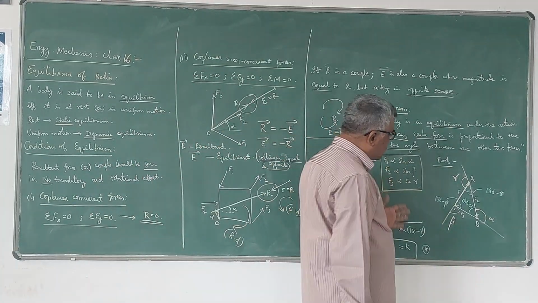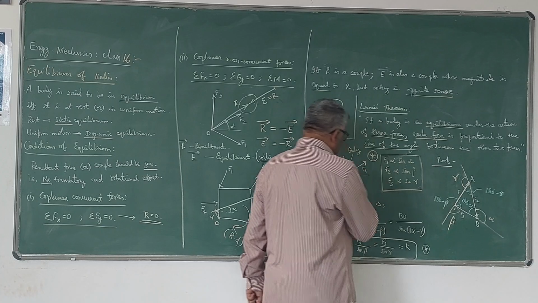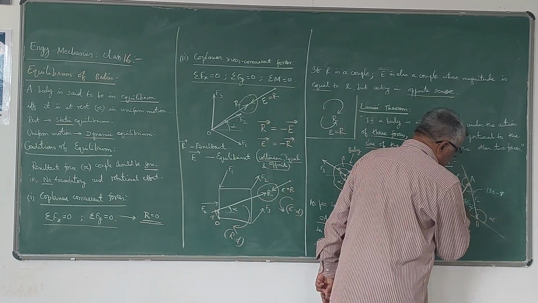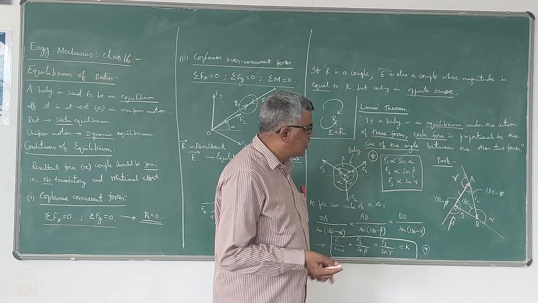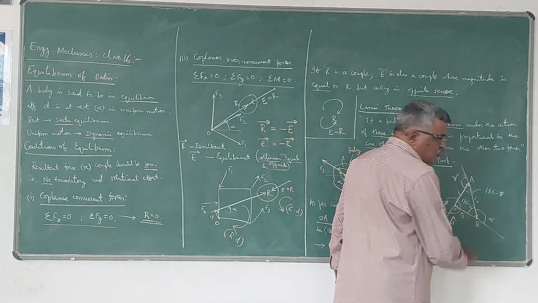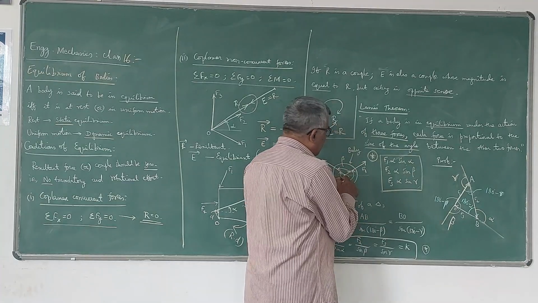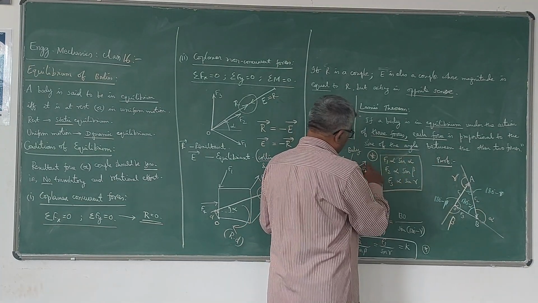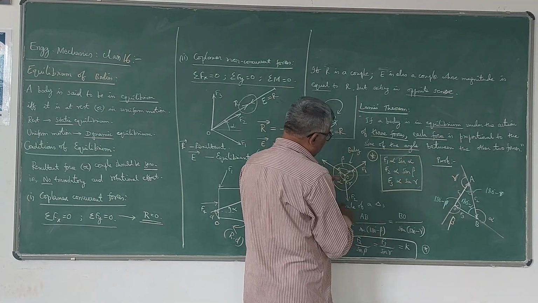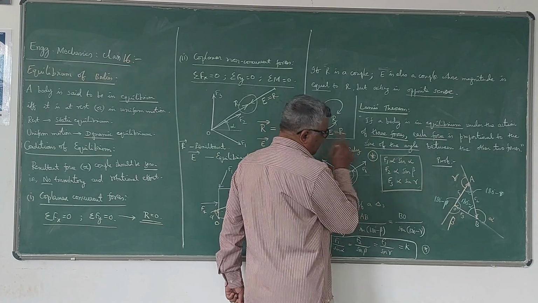In this case, you can observe that if the body is in equilibrium, this polygon will close. That means this OAB becomes a closed triangle. I have shown the arrows here. First you draw OA parallel to F1, then AB parallel to F2, then BO parallel to F3.